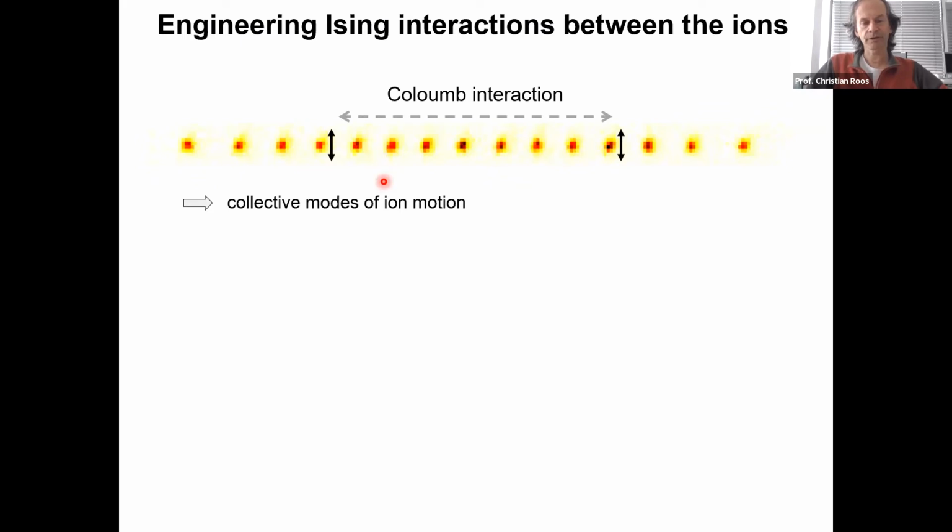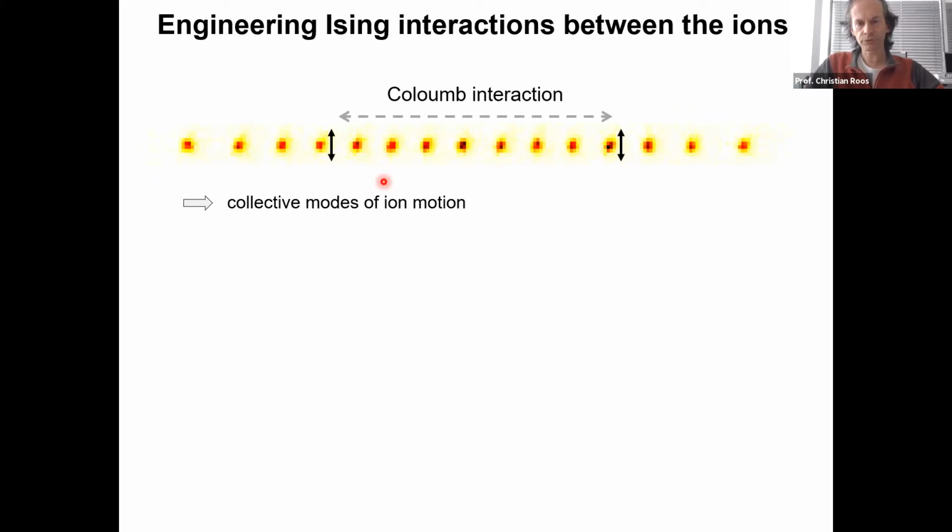And this means that we can describe the ion motion of a string of ions by a set of collective modes of motion that describe the motion along the direction of the string. And then there are further collective modes that describe the motion of the ions in the direction perpendicular to the axis of the string. And in the limit of small excitations, this is a set of harmonic oscillators that then describes the motion of the ions.